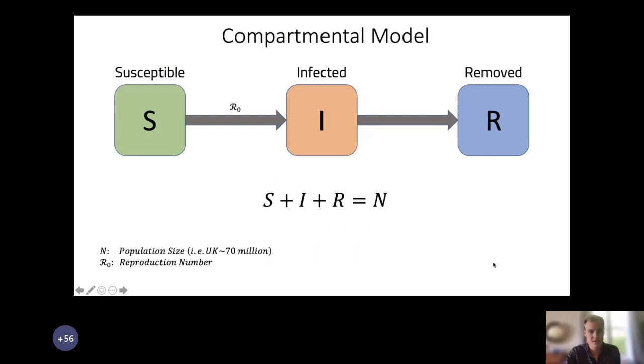So the basic premise to modeling an epidemic is using compartmental models, which are essentially meant to be intuitive to understand, and we split the population up into three compartments: people who are susceptible, so people who can get the disease; then people in the infected compartment, so people who currently have it; and then the removed section, where people have either recovered or sadly passed away.